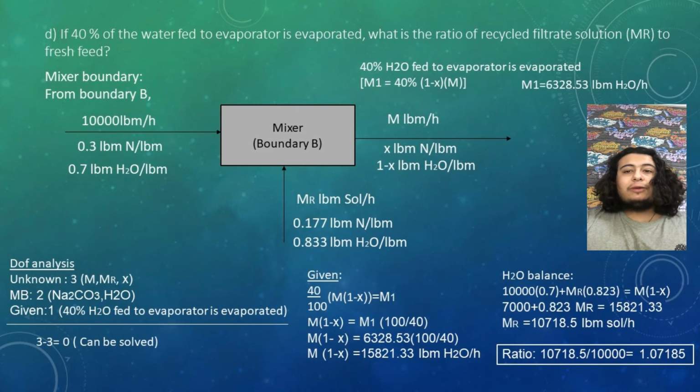So the ratio of MR to the feed is 10,718.5 over 10,000, which comes to 1.07185.